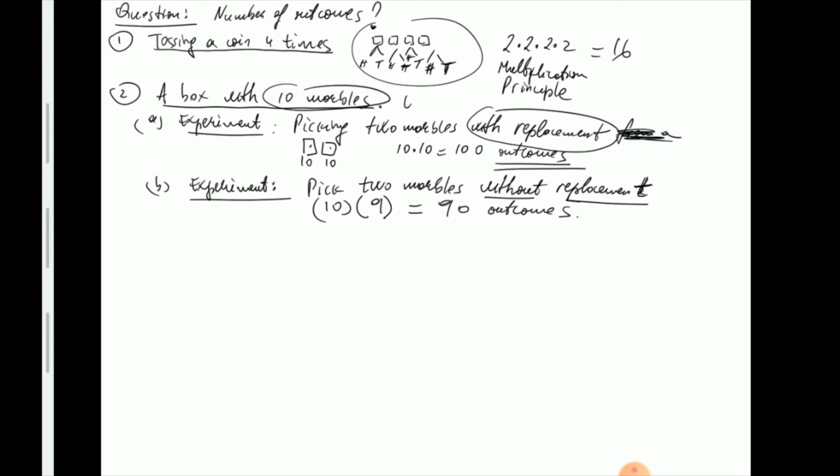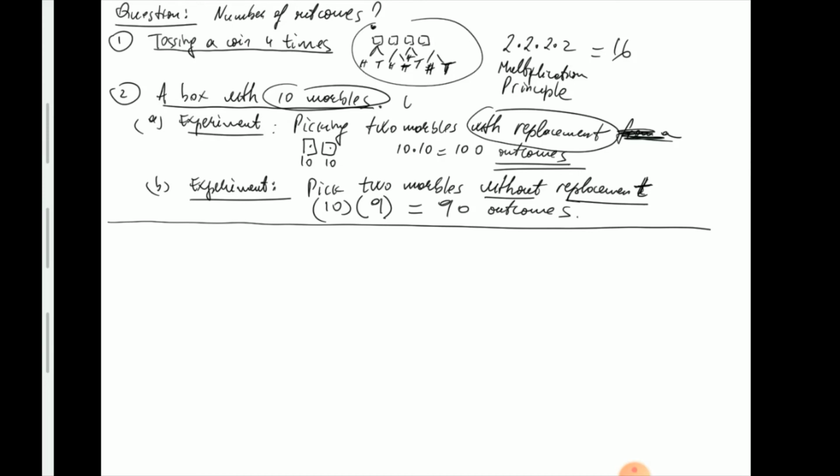And then let's talk about actually computing some probabilities. So here's one experiment, and then a couple of questions based on that experiment.